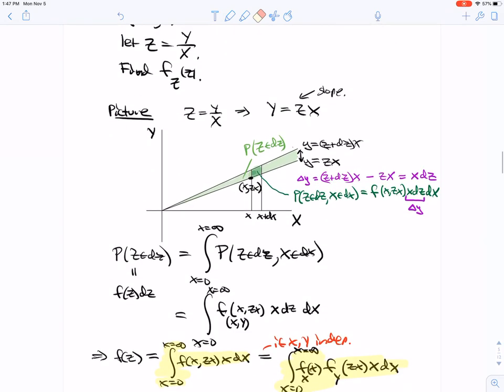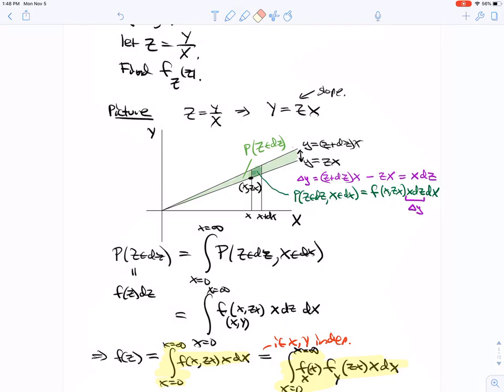The important thing to note is that what I call delta y here, that's (z plus dz) times x minus zx, is equal to x dz. So the area of that small region, it's actually not a parallelogram, the dark shaded region, is delta y times dx.